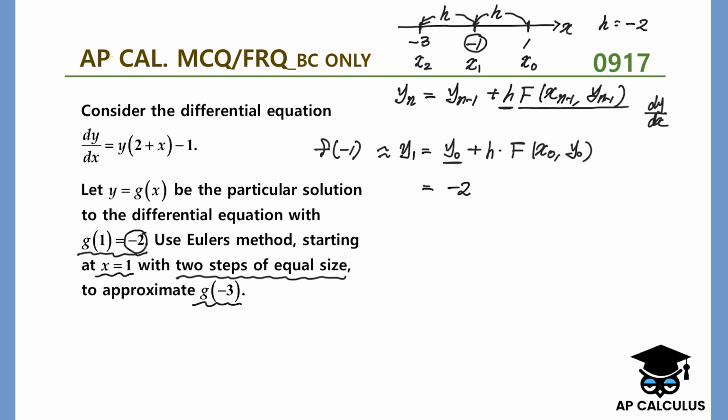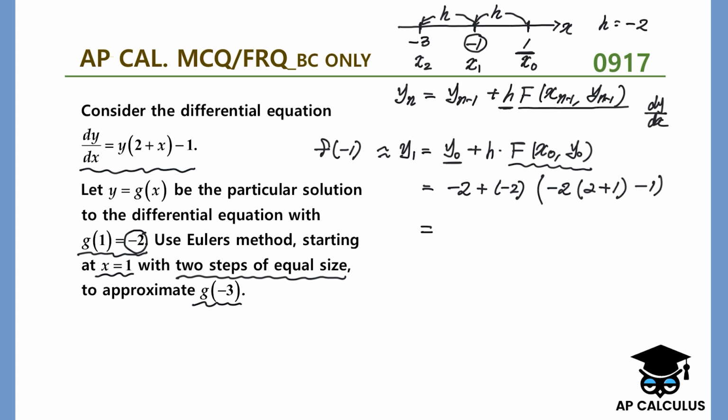So -2 plus h, -2, times the slope. Slope is right here, that's going to be y times (2 plus x) minus 1. So what is y? y0 is -2, times (2 plus x). x is 1, so 2 plus 1 is 3, minus 1.